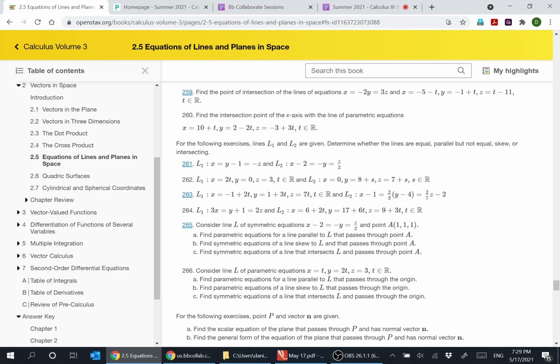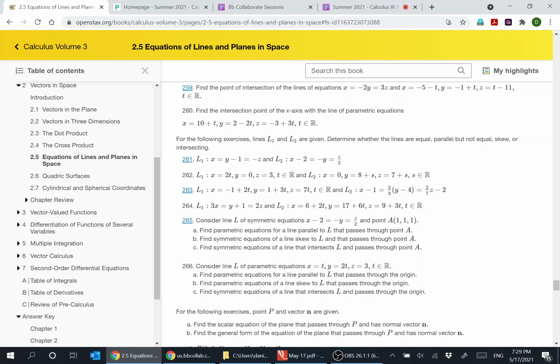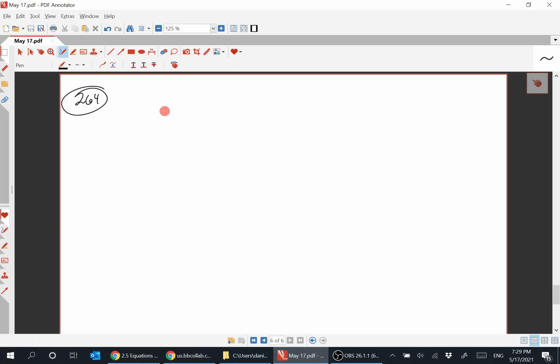Same thing, right? We've got these lines again. So 3x equals y plus 1 equals 2z.